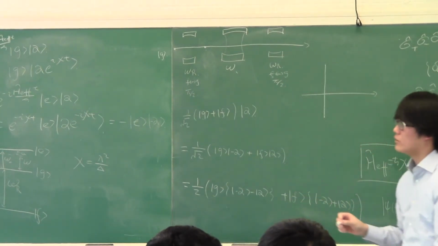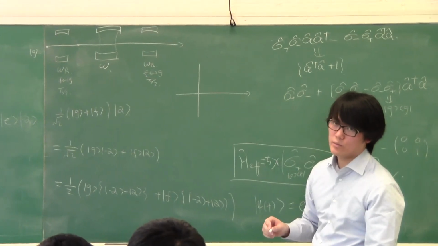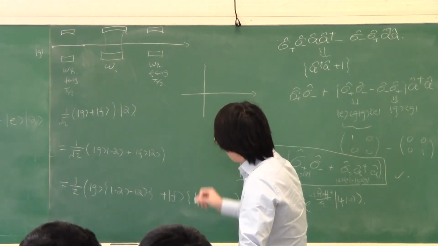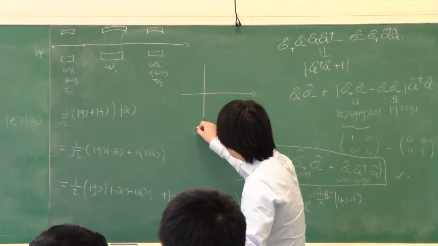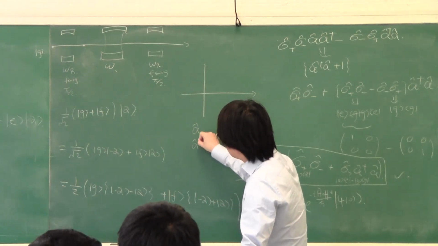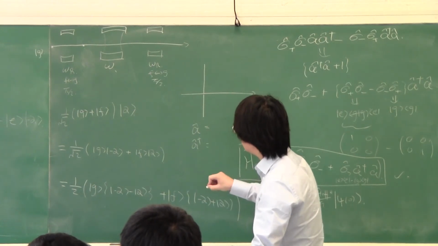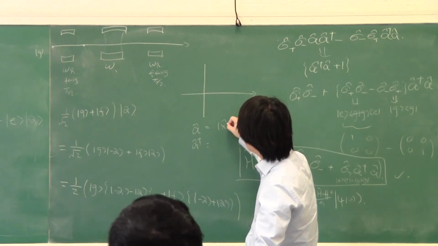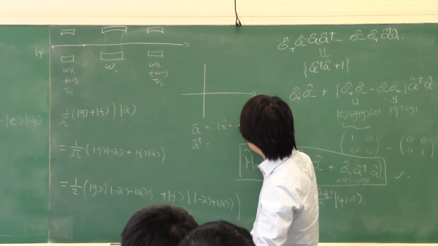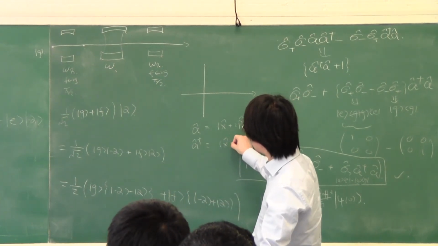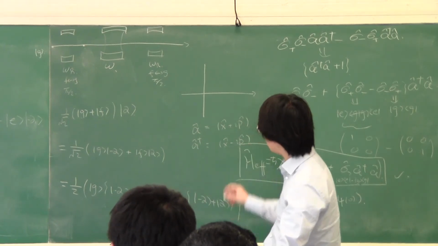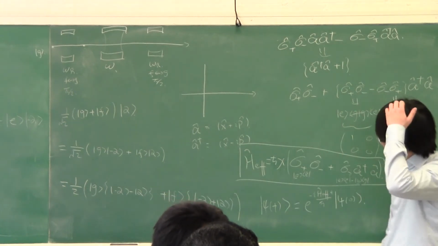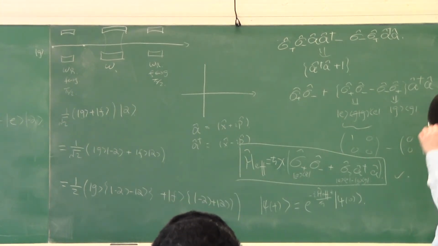So remember when we derived these coherent states and worked with the operators, the way we constructed these non-Hermitian operators, A and A dagger, was by doing x plus i p and x minus i p, with some factors.